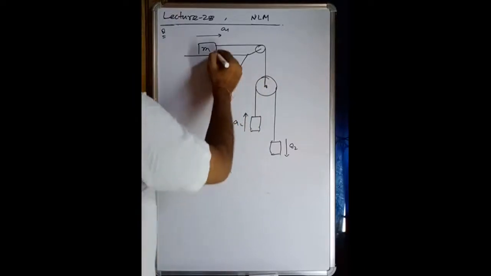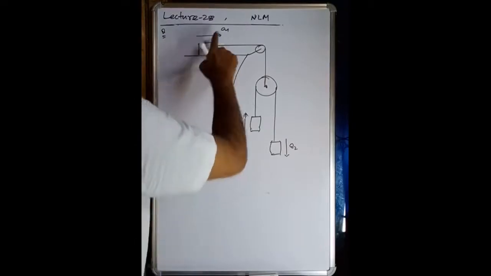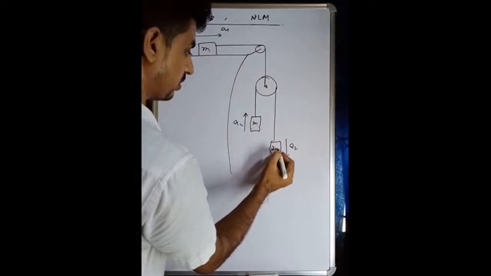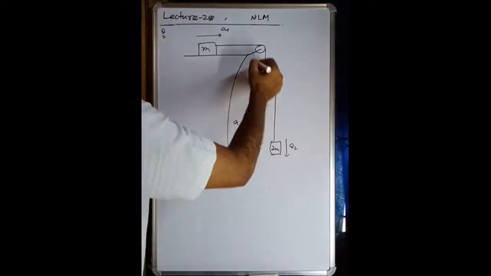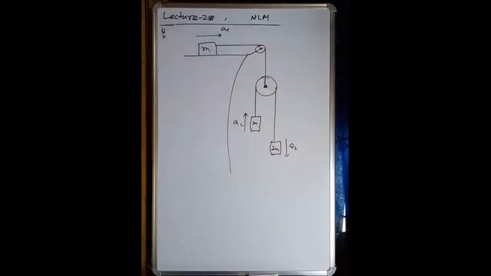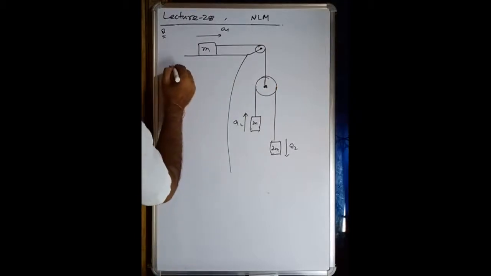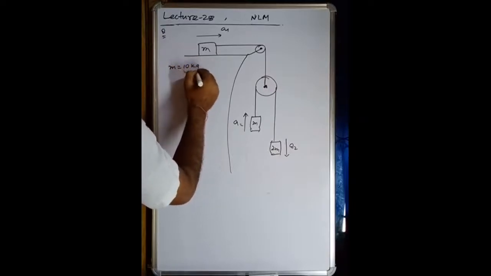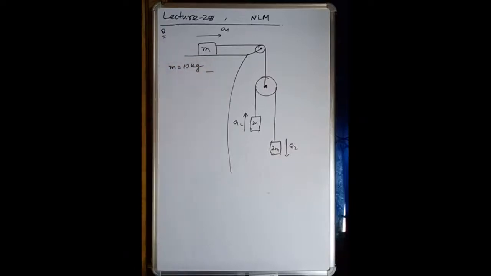You have to find the accelerations A1 and A2. The values are given. It is M, it is twice M. Those pulleys are massless and frictionless. All the values you can write here. M is equals to 10 kg, for simplicity to solve the question.